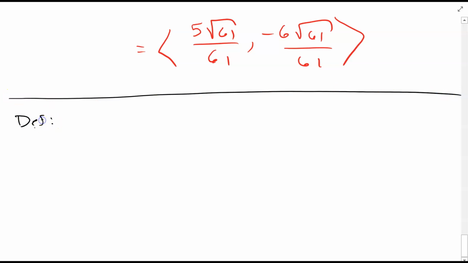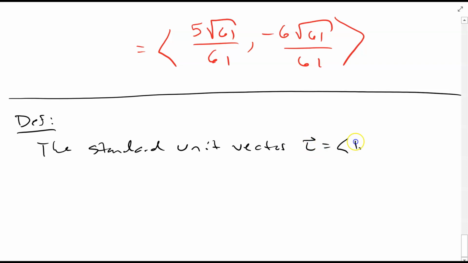Next definition is called the standard unit vectors. Those are denoted with the letters i and j. So vector i is the vector 1, 0, and j is the vector 0, 1.